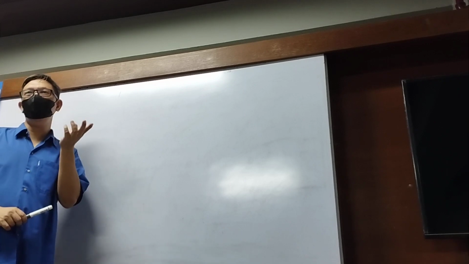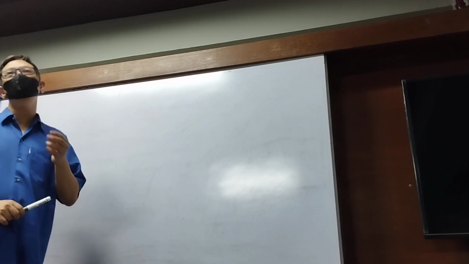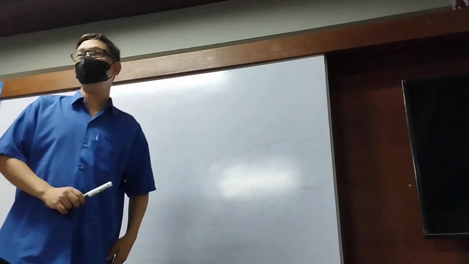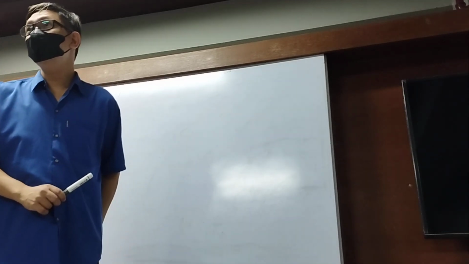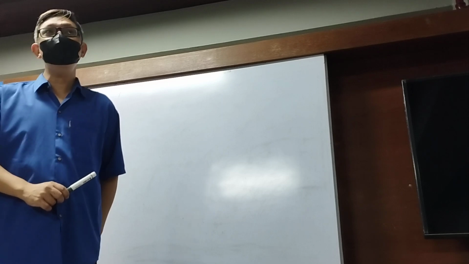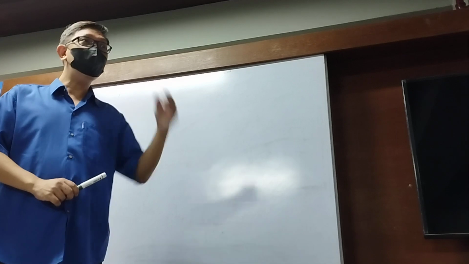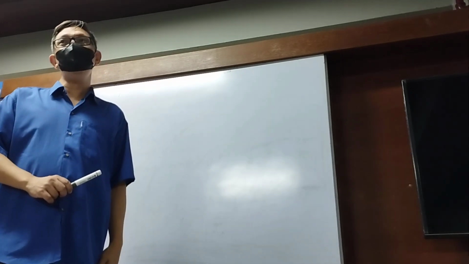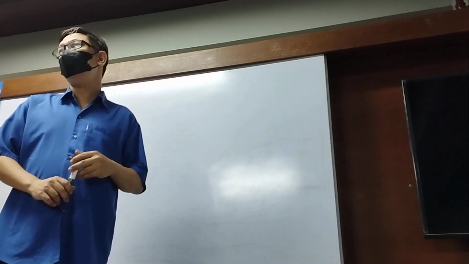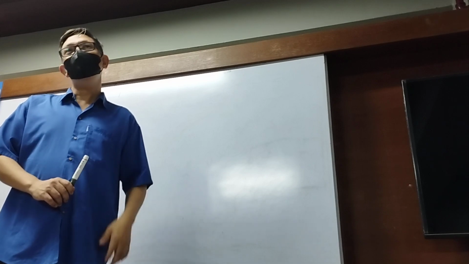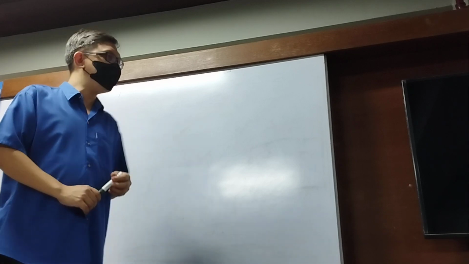One starts with the letter A, one starts with the letter B. The definitions of acids and bases are Arrhenius and Bronsted. Okay, did you watch the video? Arrhenius and Bronsted.